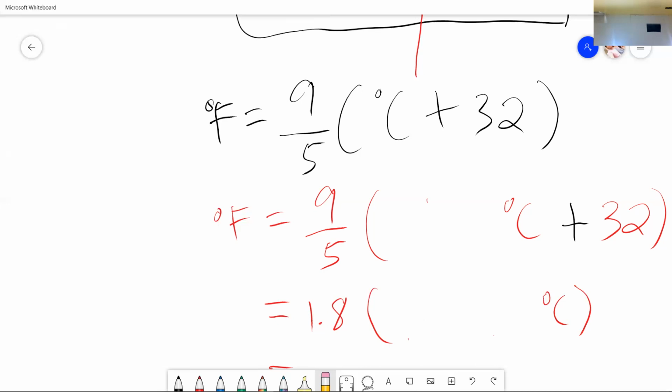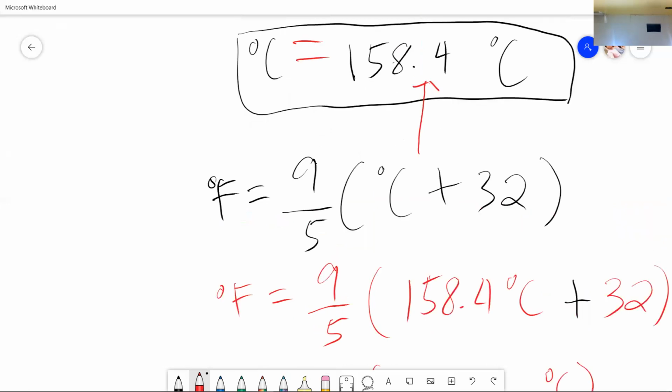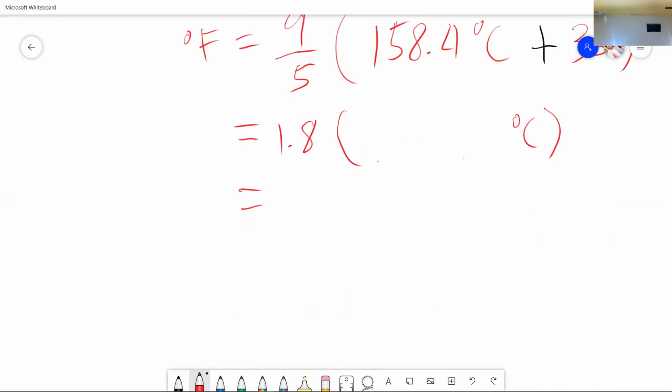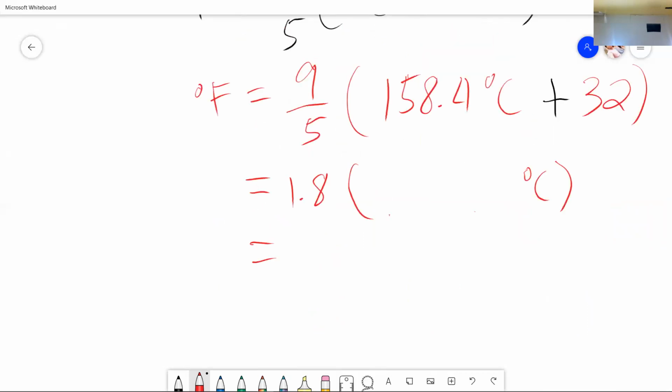Red. So 158.4 degrees Celsius. Let's try it with 158. Okay, 158.4 degrees Celsius. So add plus 32. So we have 190.4 degrees Celsius times 1.8.